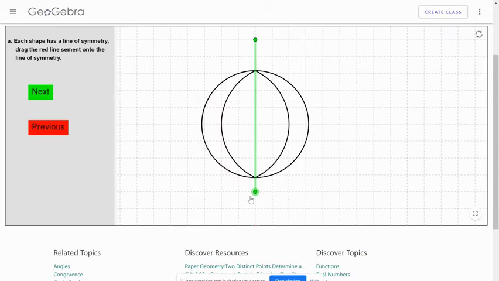There's one. What about if we do it this way? That would be a line of symmetry also. They didn't mark this one, but it looks to me like that top half and bottom half would be the same. So this figure actually has two lines of symmetry. They only made one of them turn green, and that's the vertical one. But it actually does have two lines of symmetry.